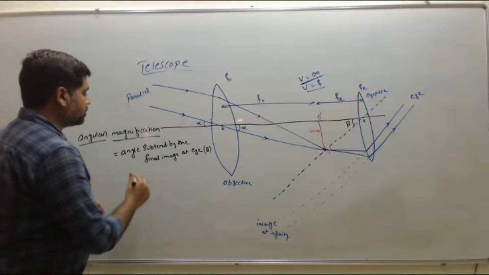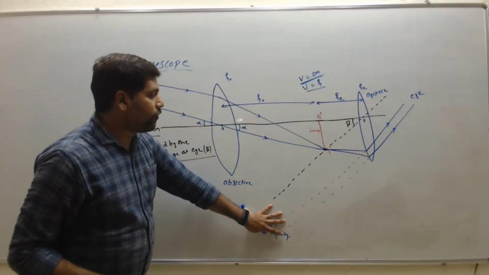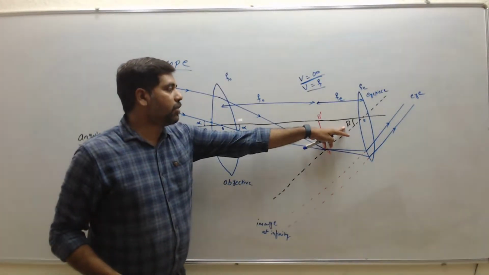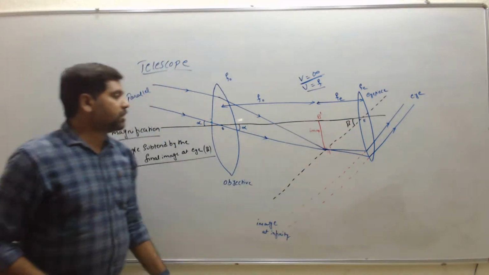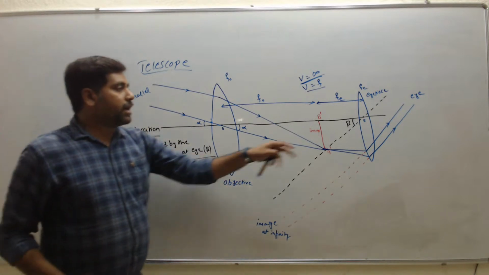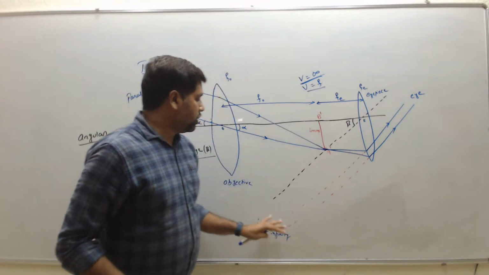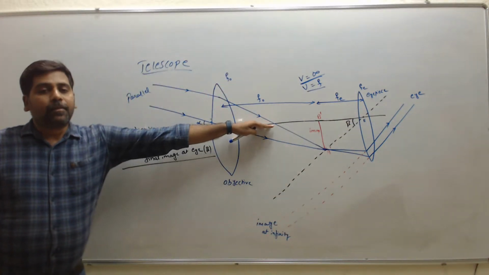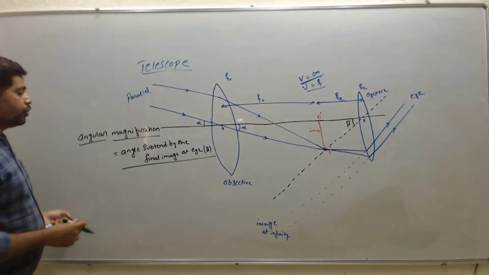So this one is the final image, and this final image makes an angle beta with the axis. This angle beta is called the angle subtended by the final image at the eye. So this one is the eye. At the eye we have angle beta; the image subtends an angle with the principal axis, and that angle we take as beta.